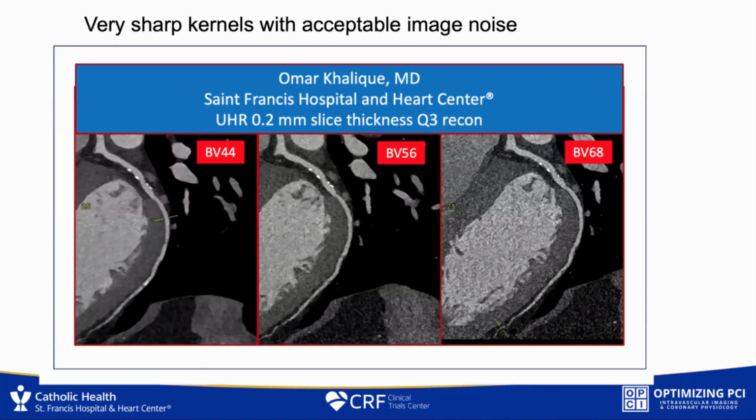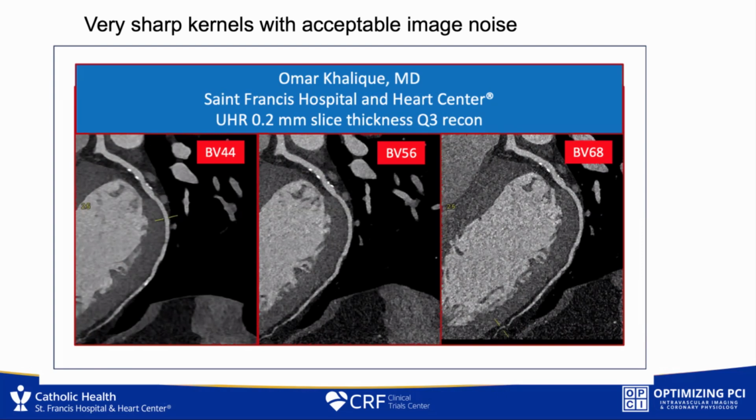Another issue which has been not solved, but at least made much better, is that there's always been this idea of using a sharp kernel to reduce the blooming, to be able to see inside calcium and stents. But one of the flip sides of that is that as you get your kernel sharper and sharper, you tend to get more image noise. Now that's somewhat counteracted by other iterative reconstruction techniques.